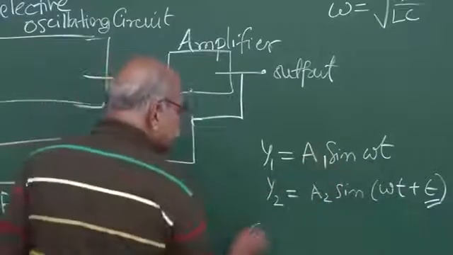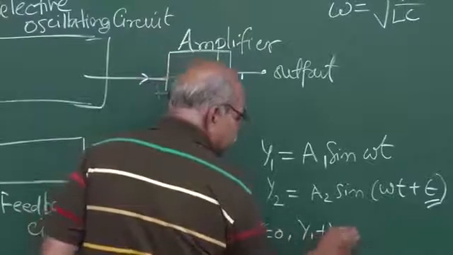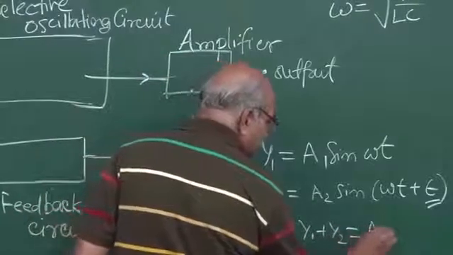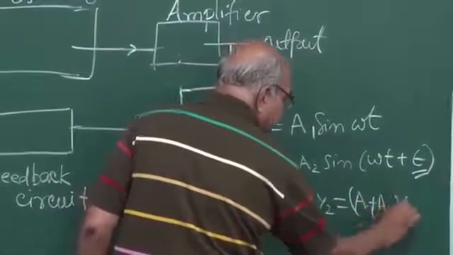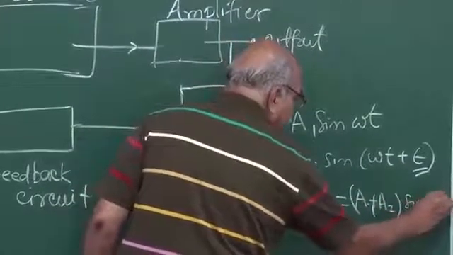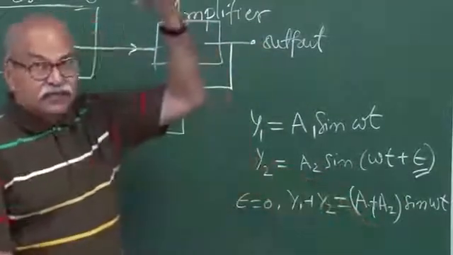If epsilon is 0, then y1 plus y2 is just a1 plus a2 times sine omega t. So amplitudes are added, signal has enhanced.